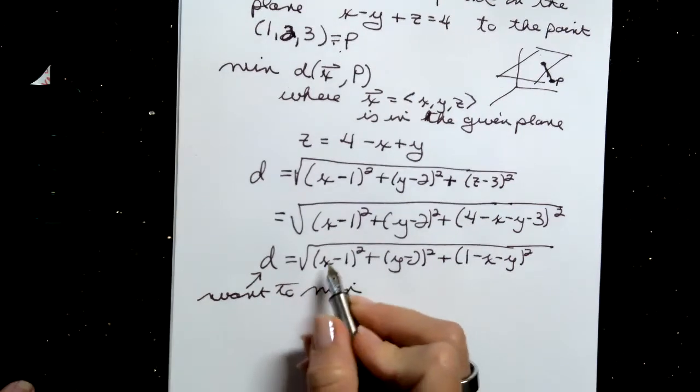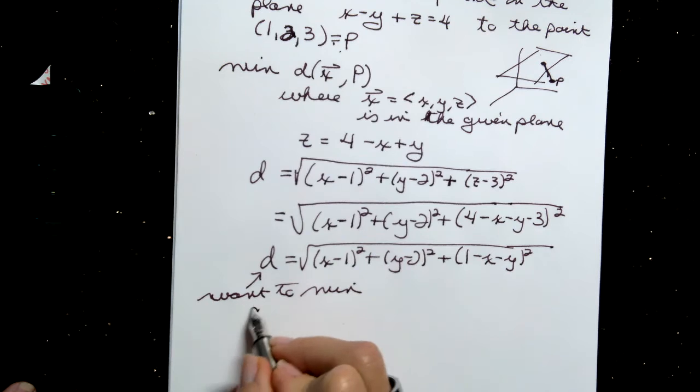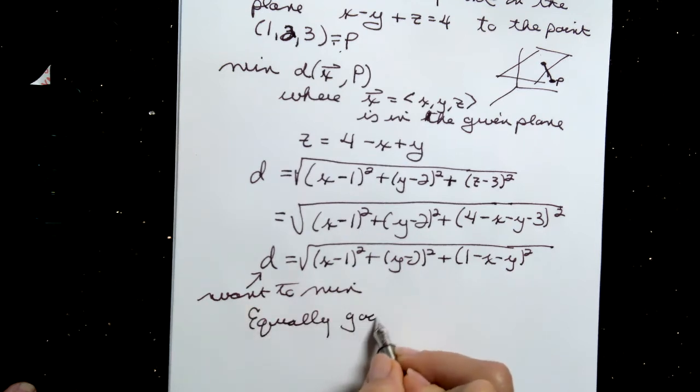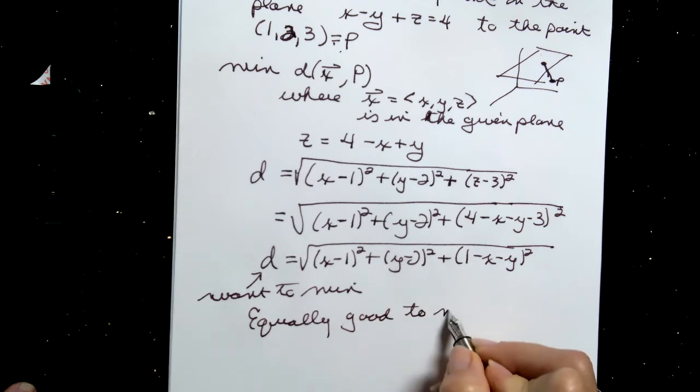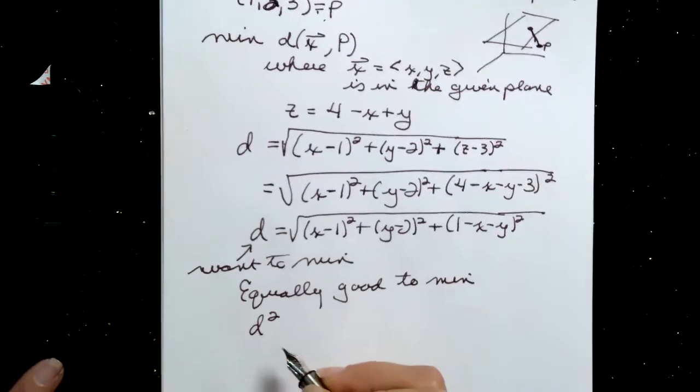But if I minimize the distance, since that's a positive number, it's just as well to minimize the distance squared. And then we don't have to worry about square roots.